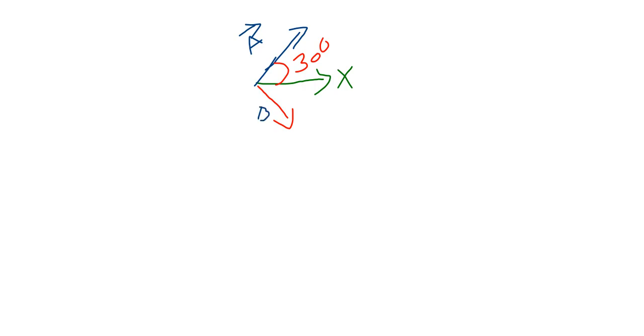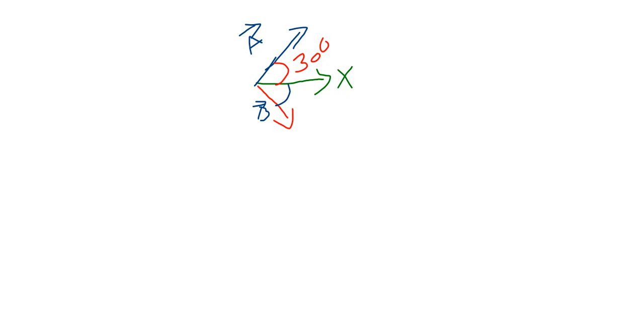This is X coordinate. A bar makes an angle of 30 degrees. Next one is B bar. B bar makes an angle of 30 degrees.